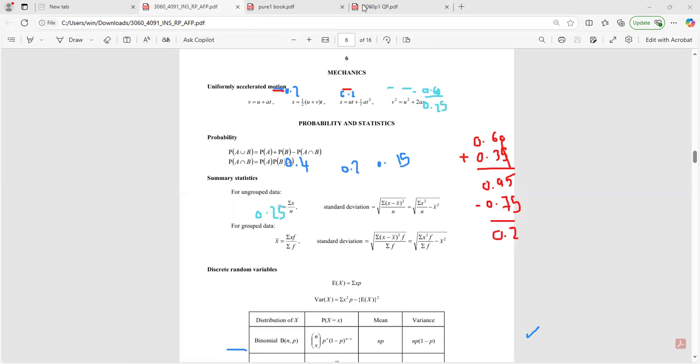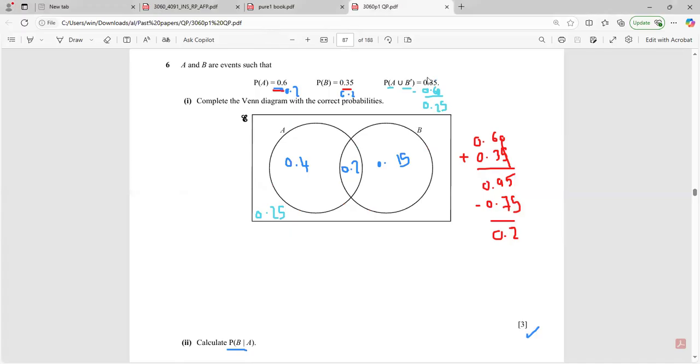So we calculate the intersection, which is already here, 0.2, divided by A, which is 0.6. Don't leave it in the decimal form. Here you have to make it 2 out of 6 or 1 out of 3. All are right and done.